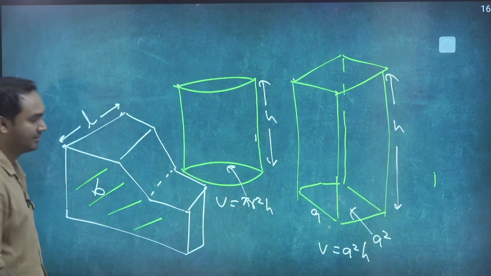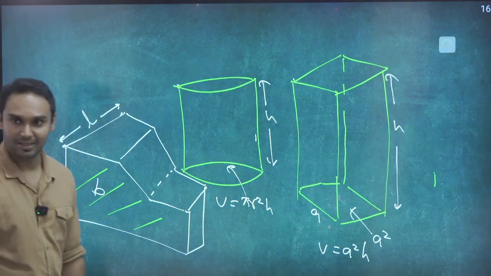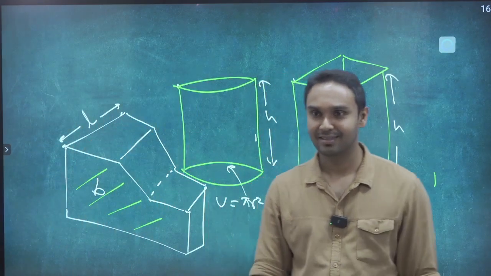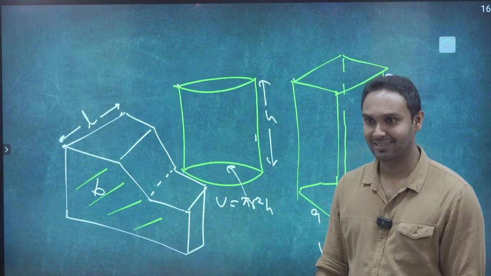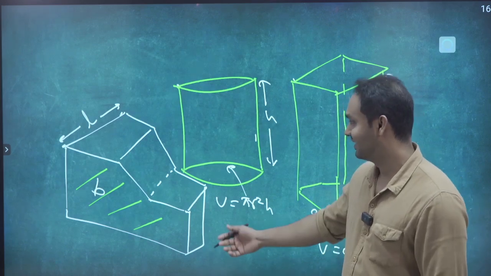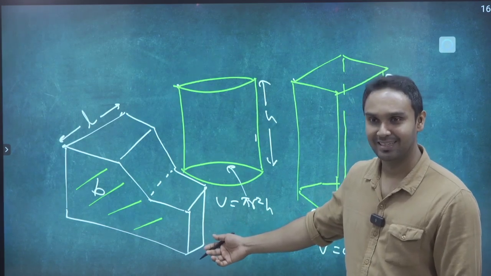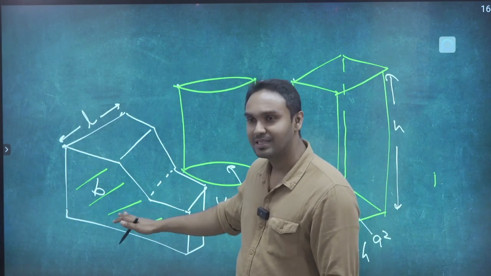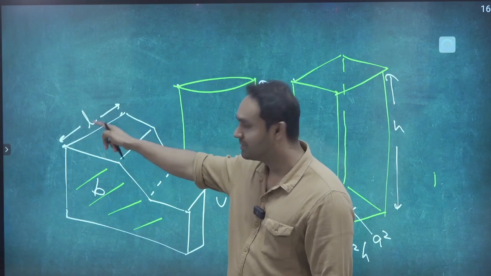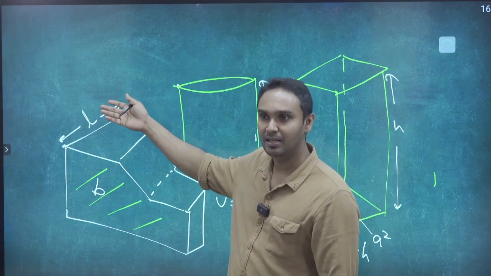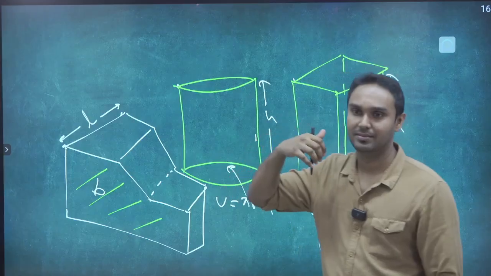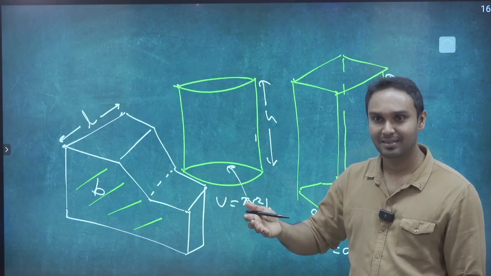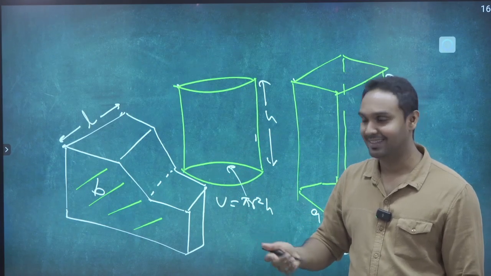Now it's somewhat fine, only a slight difference was there. So this cross sectional area times this length should be the whole volume. That's what I was telling the whole time. Understood it? Good.